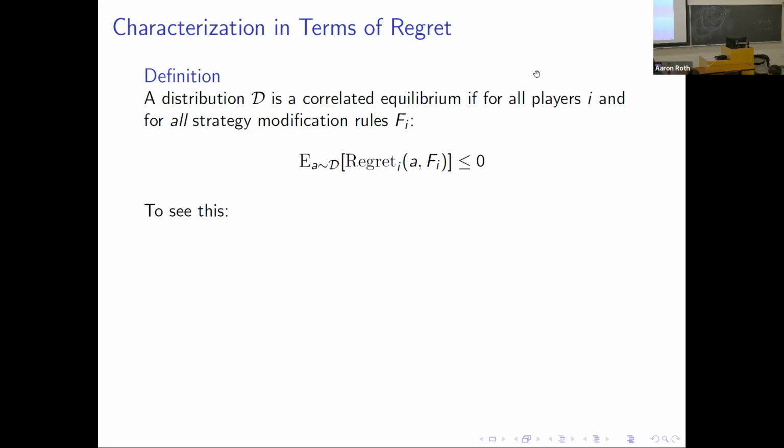So here's the regret definition of correlated equilibrium. It just removes the word constant from constant strategy modification rule.